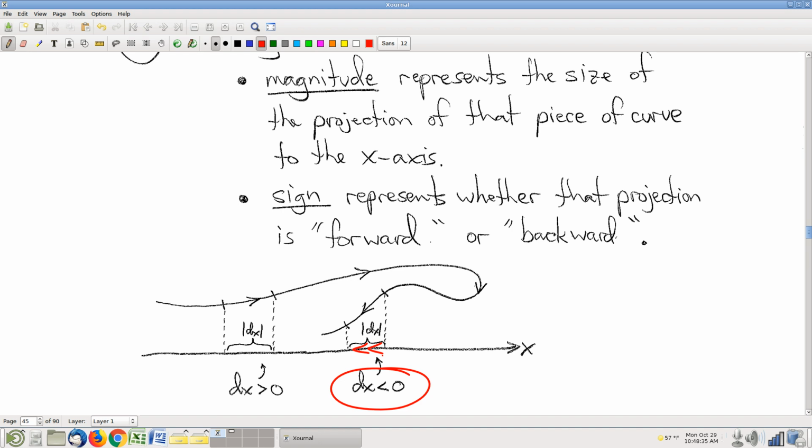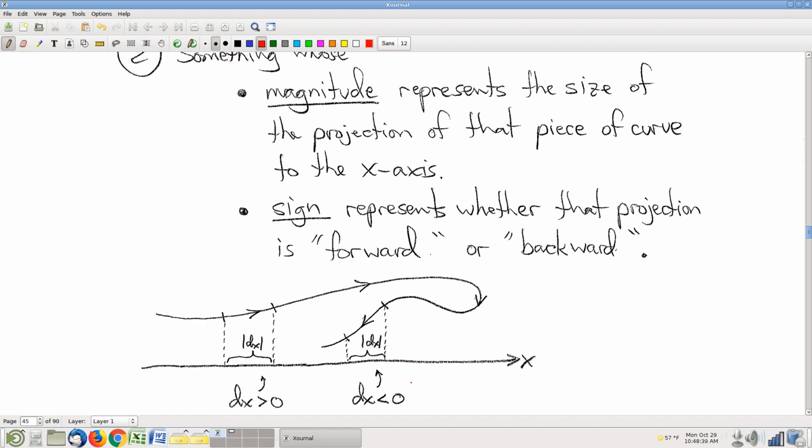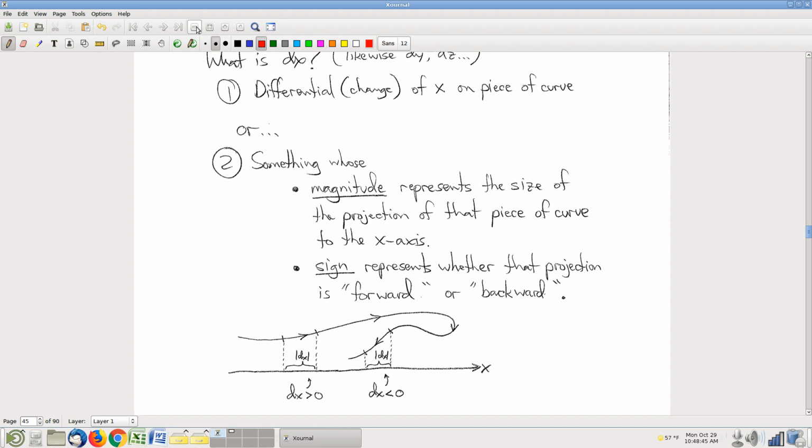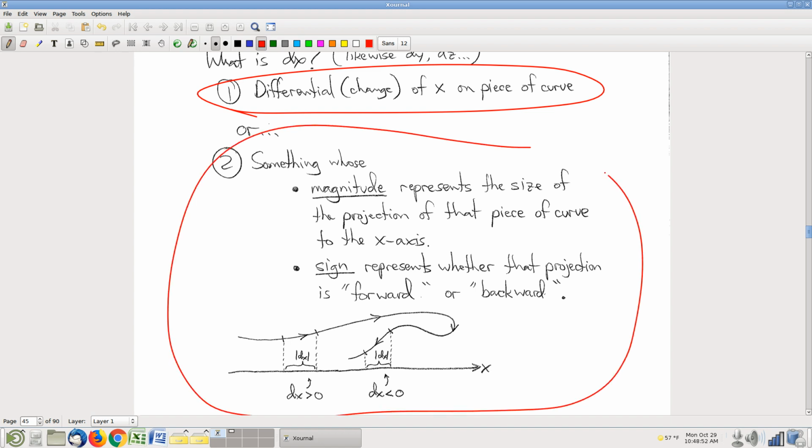Now I don't think it takes too much persuasion to buy into the idea that this is exactly the same: it's how much did x change? It is a long way to go for an alternative. We have this wonderfully crisp notion of what dx is up there, and here we have this clunky, awkward point of view of what dx is, and I claim they represent the same thing.